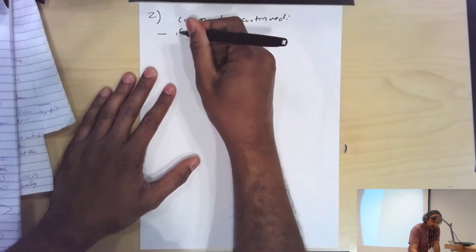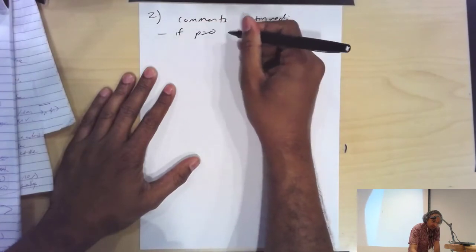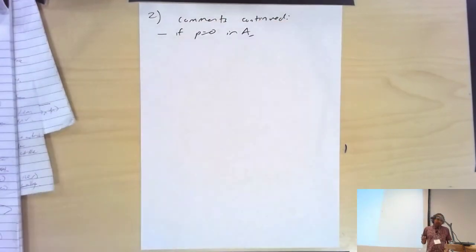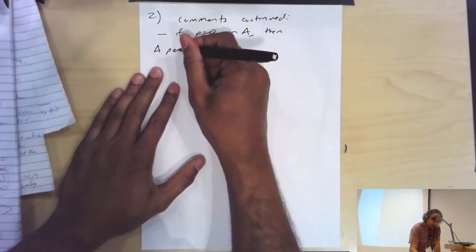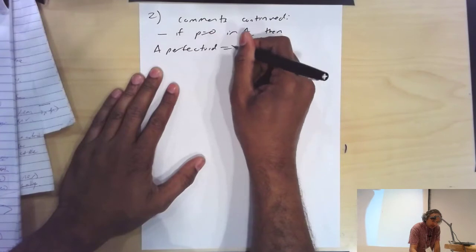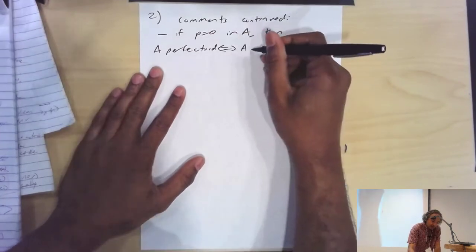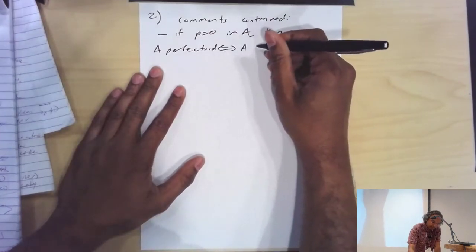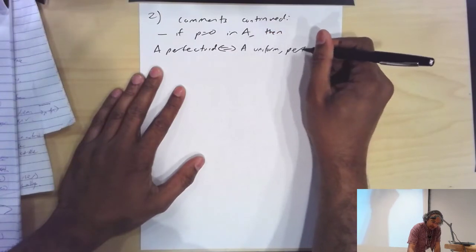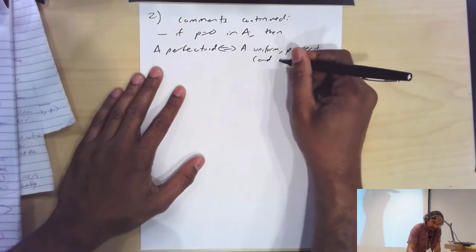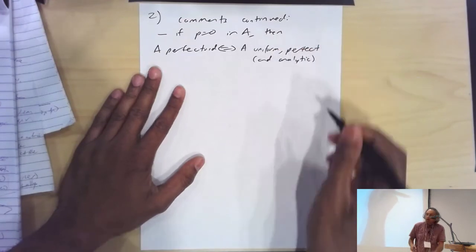If p equals 0 in A, then A being perfectoid is equivalent to A being uniform and perfect, well, and analytic, but I'm assuming analytic.